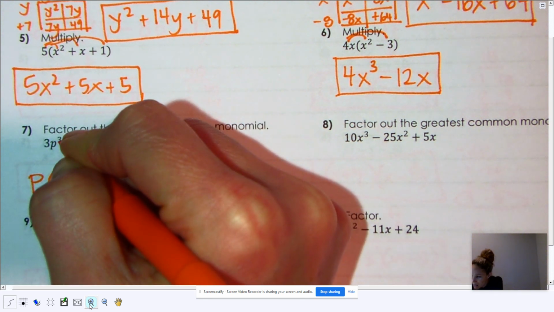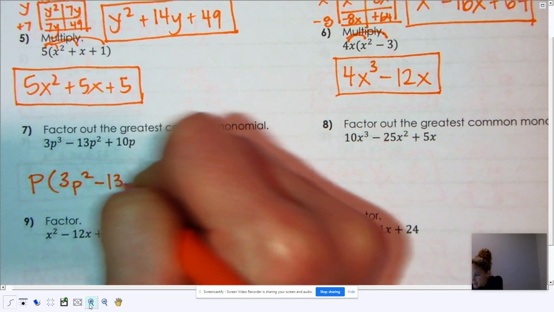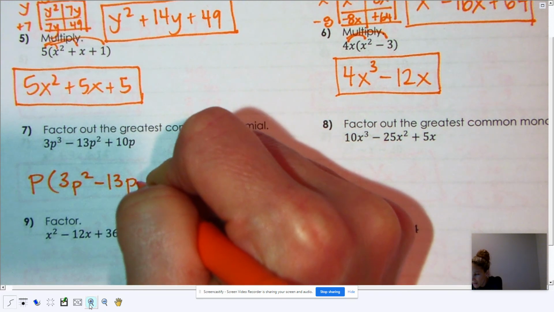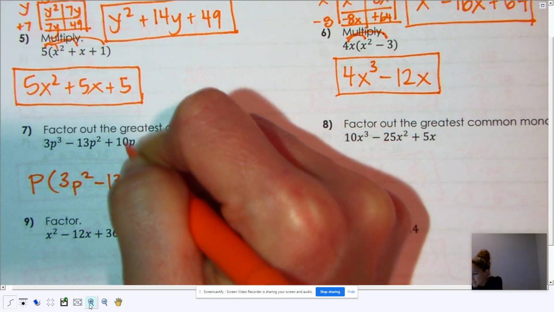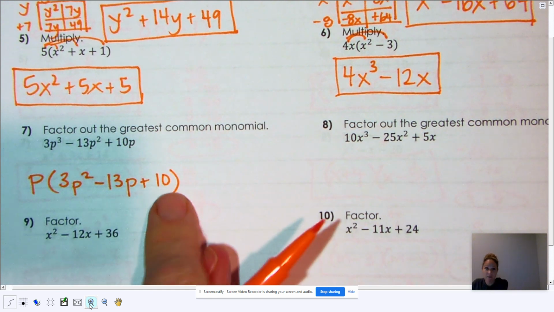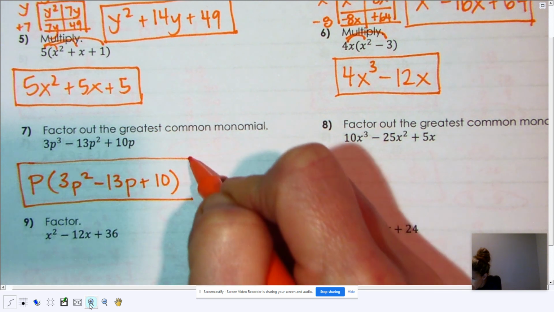If I had 3 of them and I pulled out 1, I would have 2 left. The 13 stays the same. If I had 2 and I pulled out 1, I would have 1 left. The 10 stays the same. If I had 1 P and I pulled it out, there wouldn't be any other P's right here. Okay, so this is the final answer for that one.